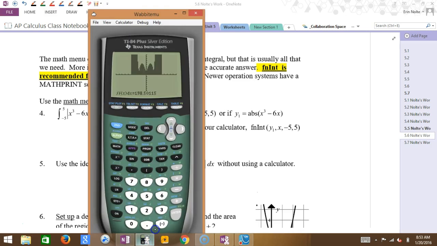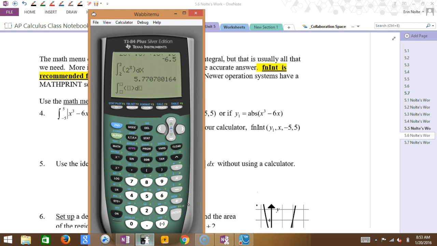You can also find the integrals on the 84 in the home screen, just so you know. If you hit second quit and go back to the home screen, to get this integral notation, you have to hit alpha, is it zoom? Nope, sorry, alpha window. There it is. If you hit alpha window, you can find the number 4 function integral.